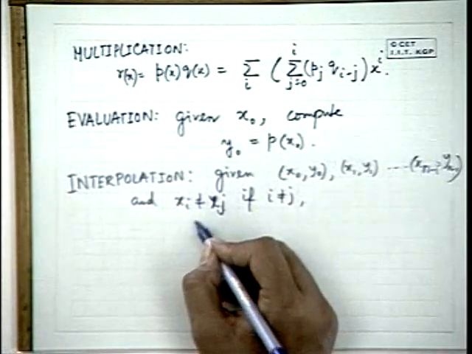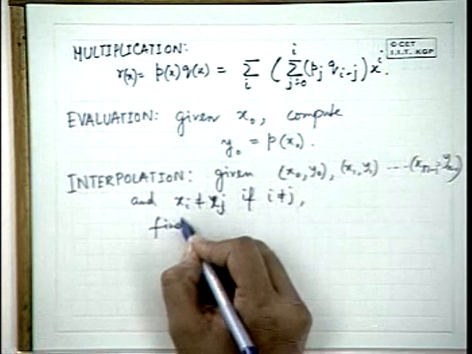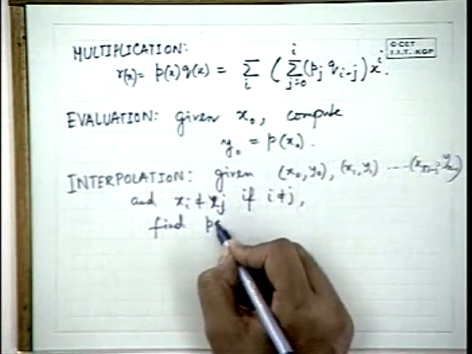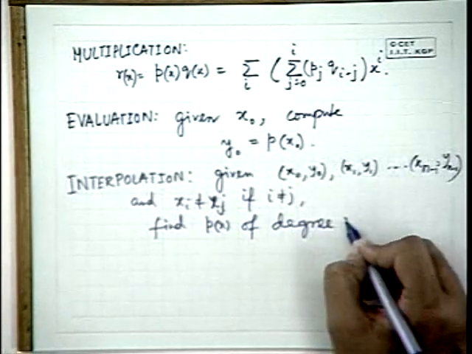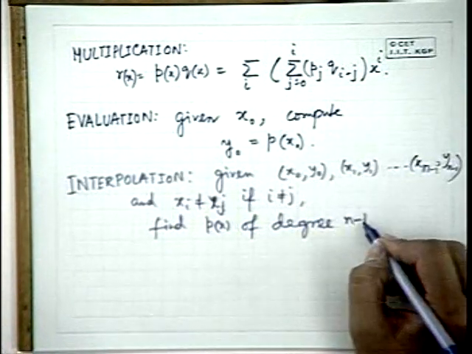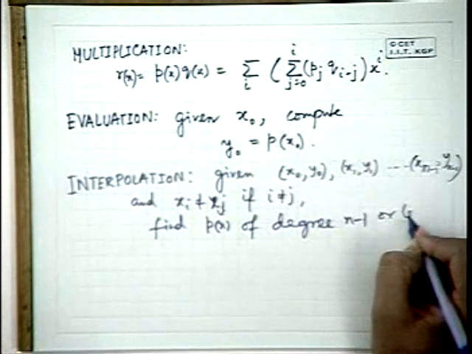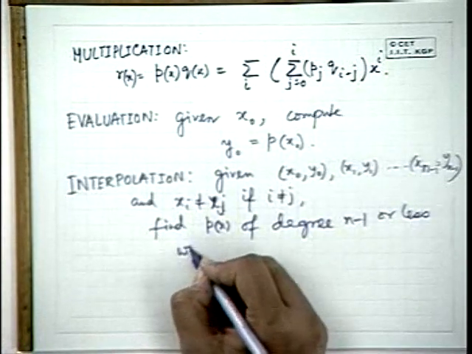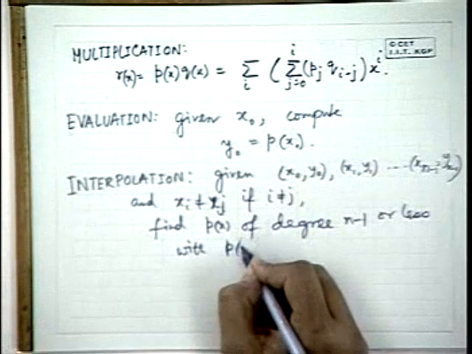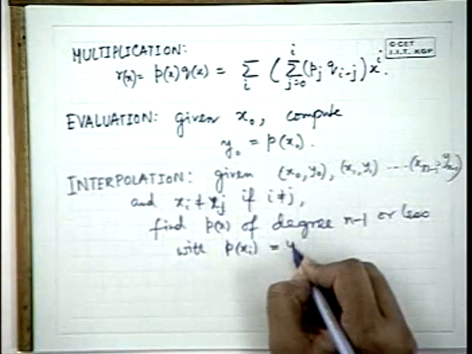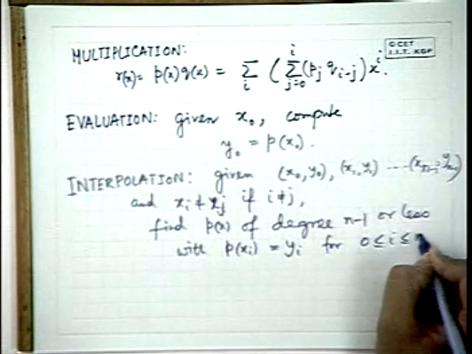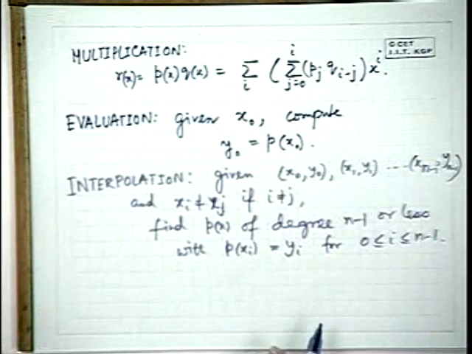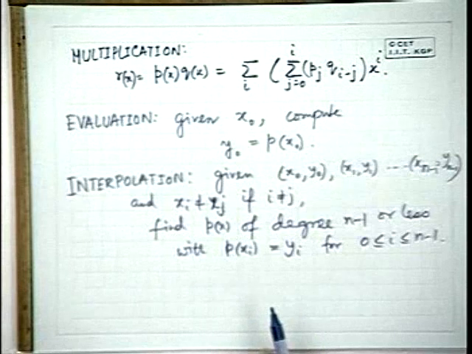So we are asking to find P(x) of degree n minus 1 or less, it may be less, with P of xi equal to yi for all i.